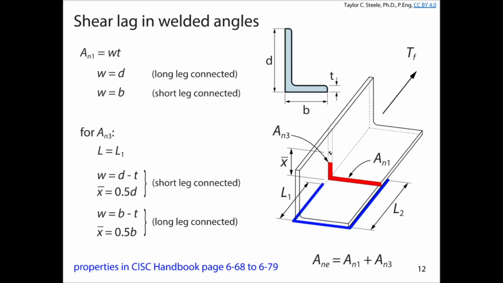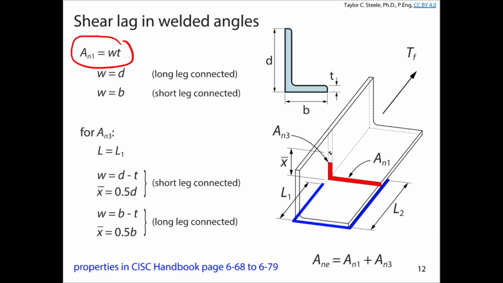For example, if we had an angle that was welded on two sides, then we would have here AN1, which would be associated with this leg. This leg happens to have a transverse weld along the entire width of that leg. And so for that leg and that leg only, we would have AN1, which is equal to WT here.